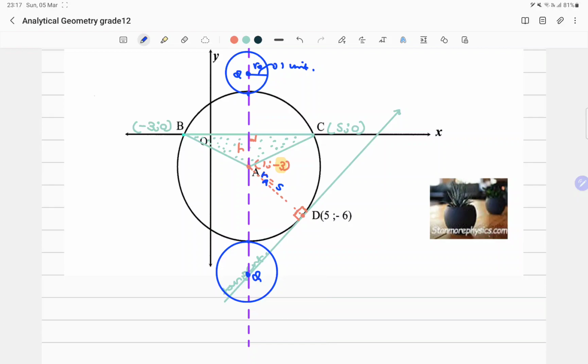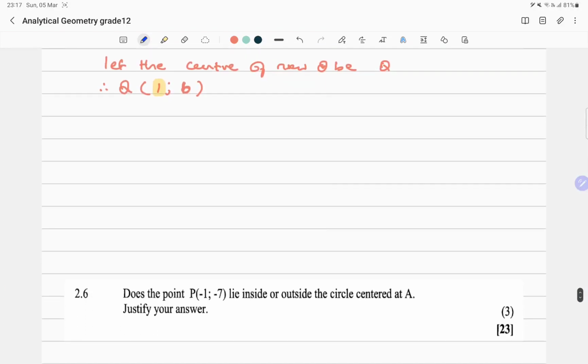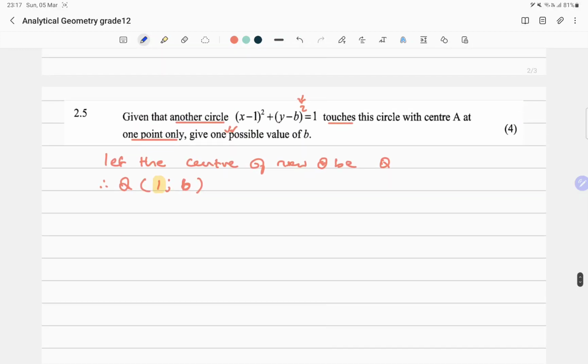So basically, we know that if the two circles touch at one point, it implies that AQ is equal to RA plus RQ.